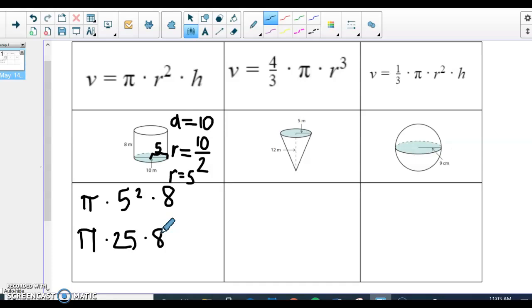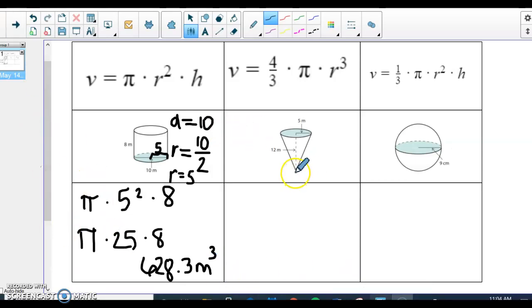So we do pi times 25 and times it by 8. We get a large number of 628.3. And then we got to label it, so meters cubed. And I know last week we did squared because we were talking about an area, which is a 2D shape, but this week we're talking about 3D shape, so we cube our label. All right.